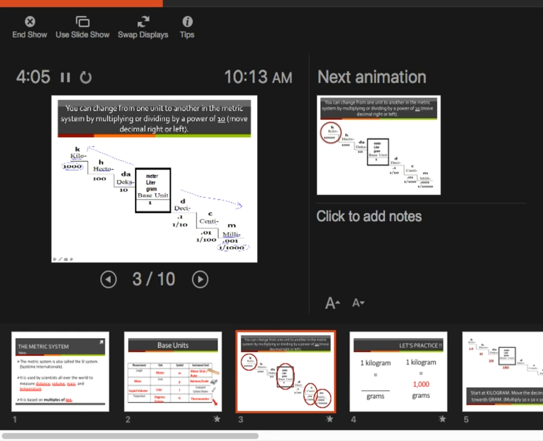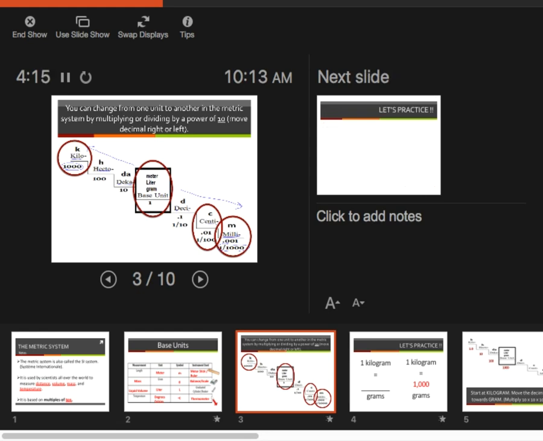And in 6th grade science, we're only going to worry about the ones that we use the most, like kilo, centi, and milli. We're going to take those 3 prefixes and add them to the base unit the most often. That's not to say that hecto and deca and deci are not used, but they're just not very commonly used. You're not going to see them a lot written on things or used in measurement. So we want to stick with the ones you're going to see the most often. So we'll stick with kilo, centi, and milli.